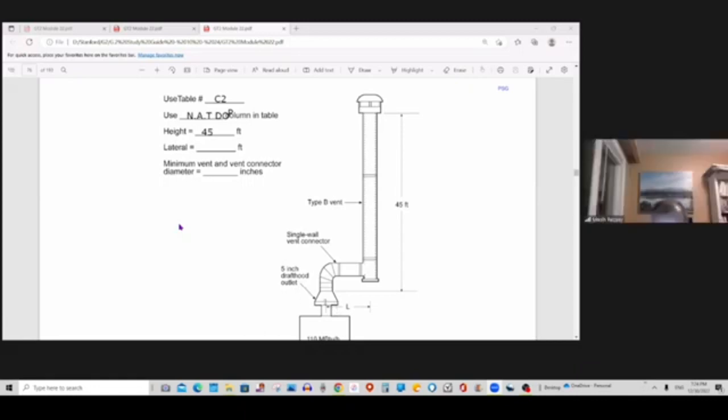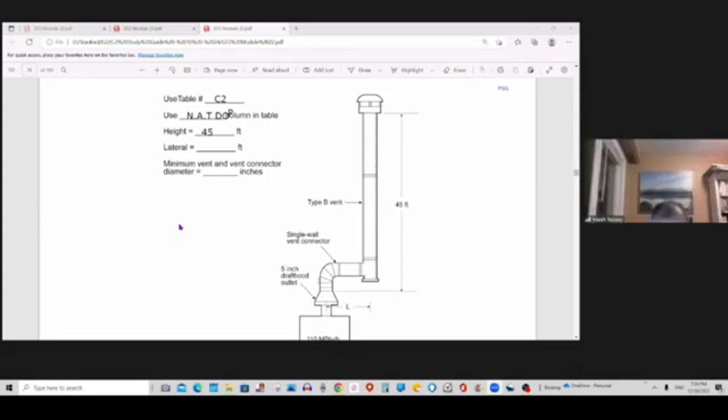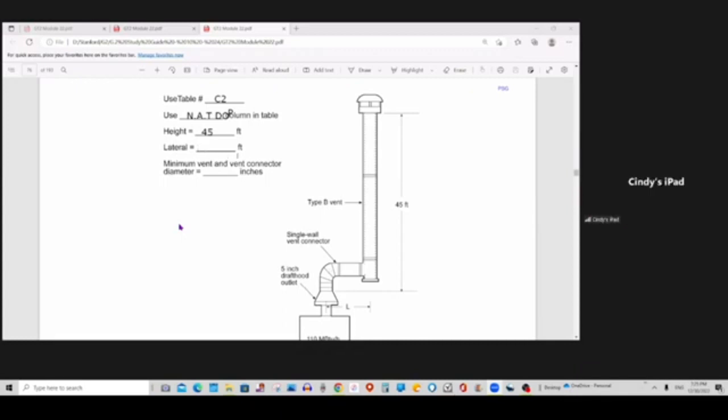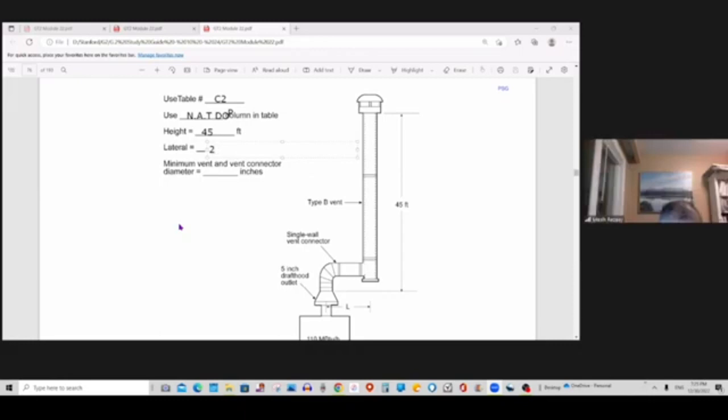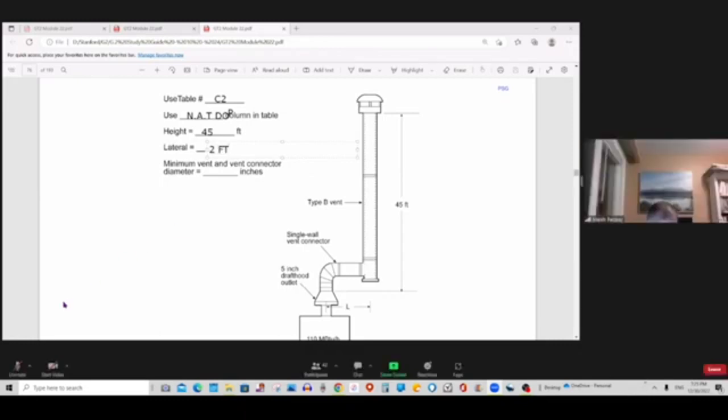Lateral is 2, not 5, because here it didn't give it. So for the lateral we go with 2, for the minimum width and minimum lateral. The first is 0, which means directly. So it is not directly, it has a lateral, so the minimum is 2. Let's go to 110, and with 2 feet, sir.